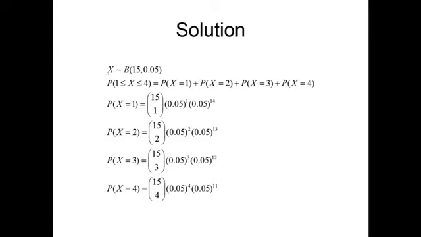Again, from reading the problem, X is a binomial random variable, sample size of 15, and a probability of 0.05 for success. We're looking for the probability that X is between 1 and 4 inclusive, so this includes 1 and 4, and so we'll do x equals 1, x equals 2, x equals 3, x equals 4.